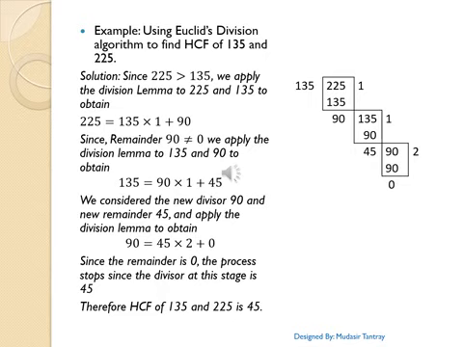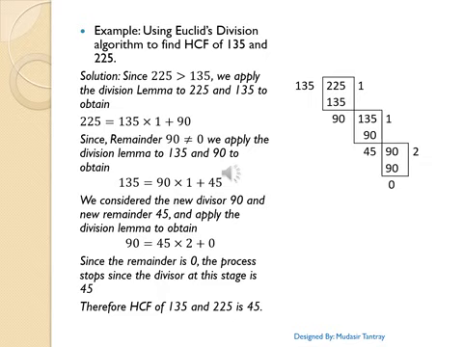Here a is 225, b is 135, q is 1 and r is 90. Since remainder 90 is not equal to 0, we apply the division lemma to 135 and 90 to obtain 135 is equal to 90 into 1 plus 45.